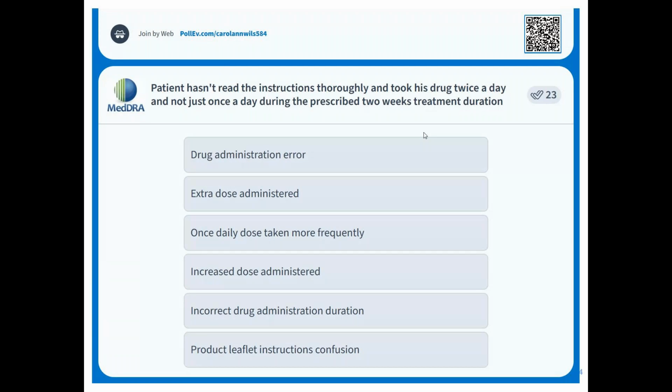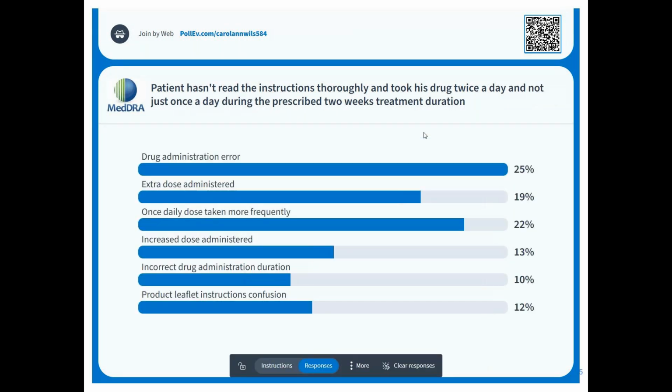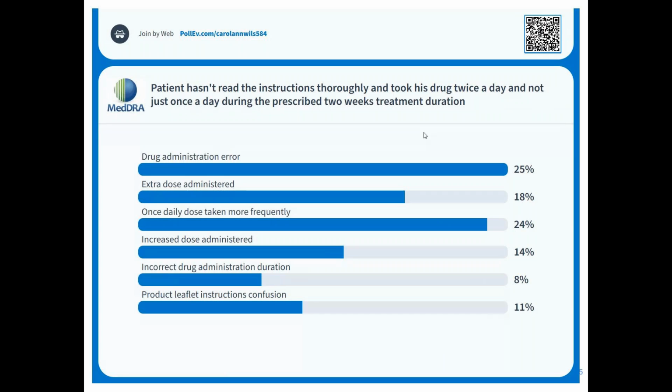More than one term may be necessary to select in this instance. So let's see what you're going for. Oh, we have a split of opinions here. Drug administration error and once daily dose taken more frequently seem to be the most frequently selected. Product leaflet instructions confusion as well.